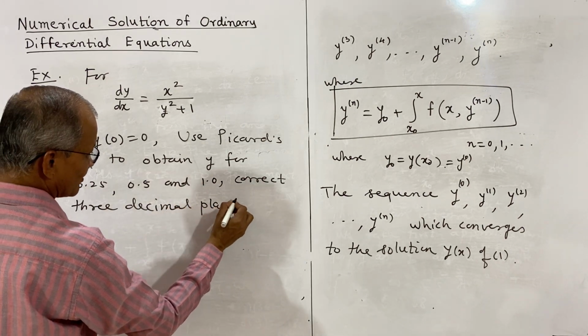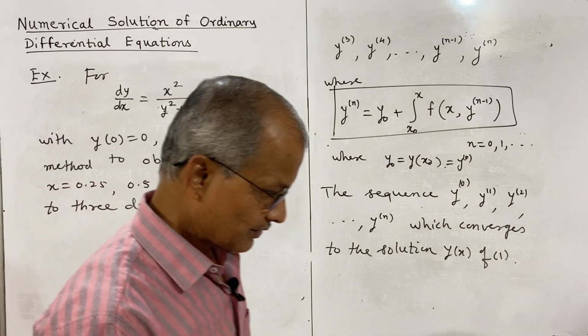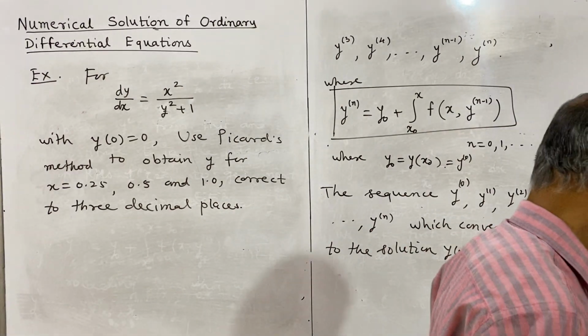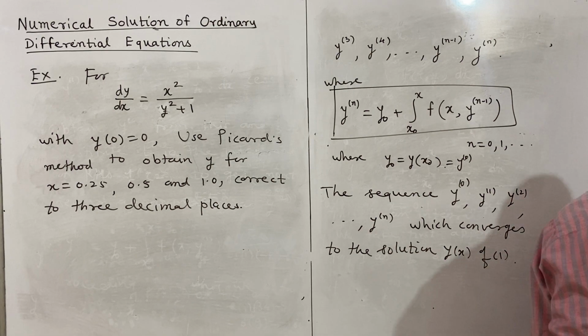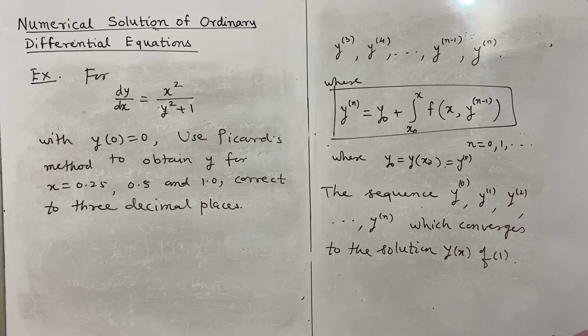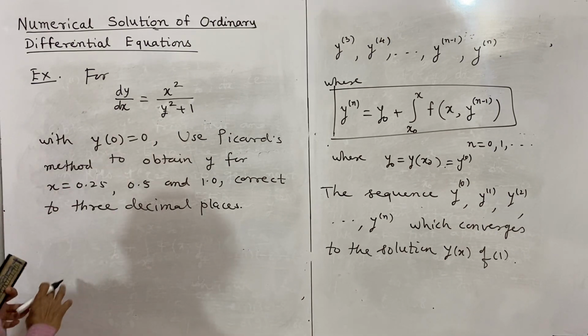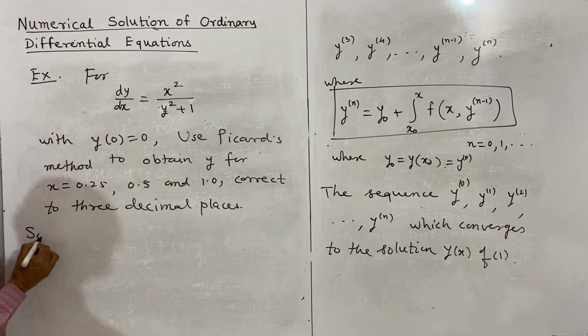So this is the problem. Now we shall solve it. We have written the method here, and the formula for Picard's successive approximation also we have written. So we should have the function f of x, y. Now write as a solution.